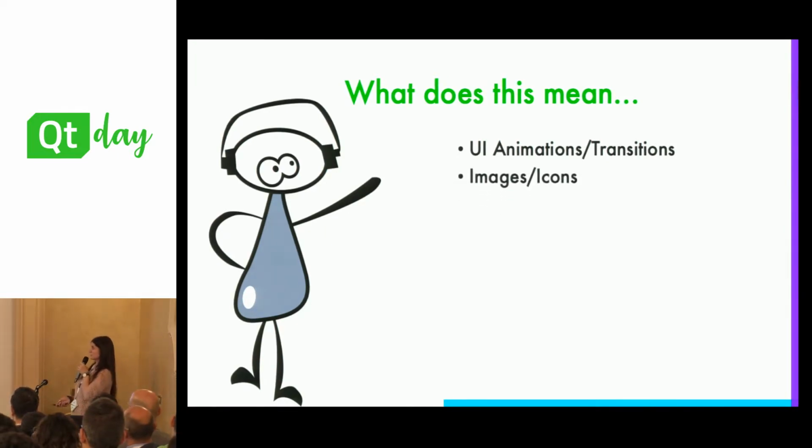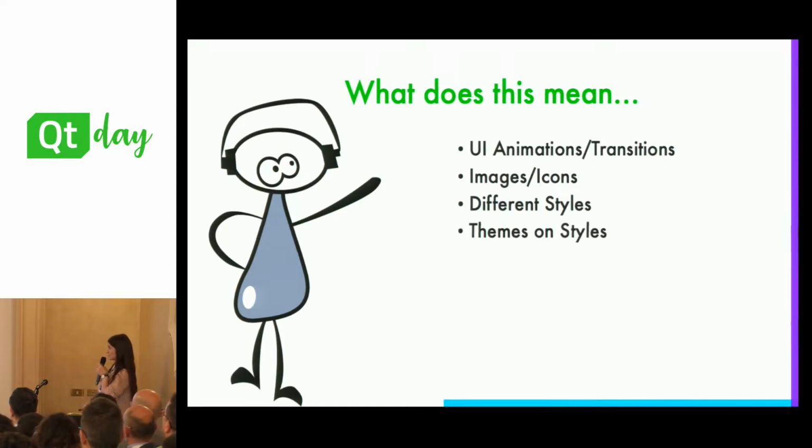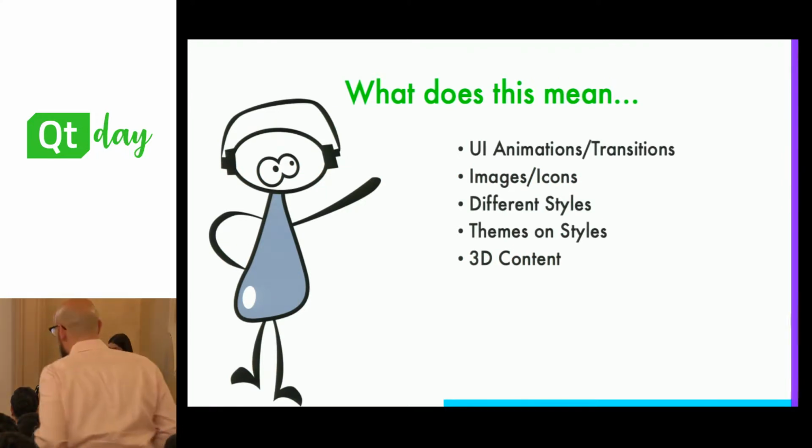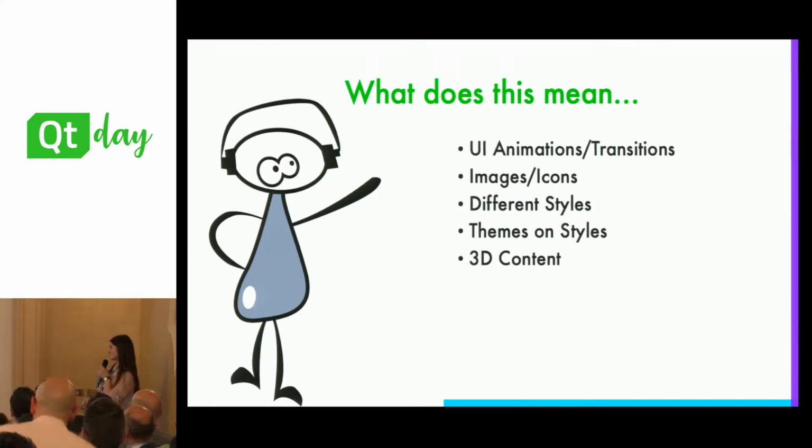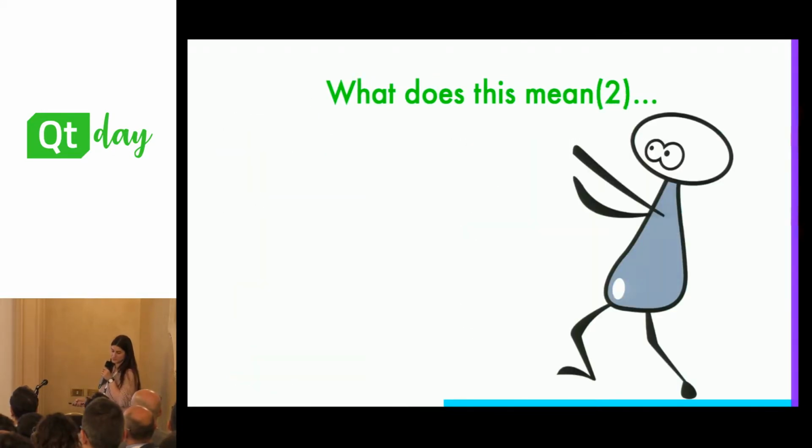We have also several images and icons that you should integrate into the project. We have implemented different styles, and each style should support several themes. We have 3D content that looks pretty cool, and that should go into an application. We have implemented the first version of notifications, pop-ups.